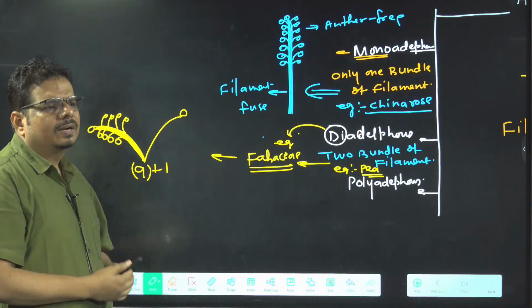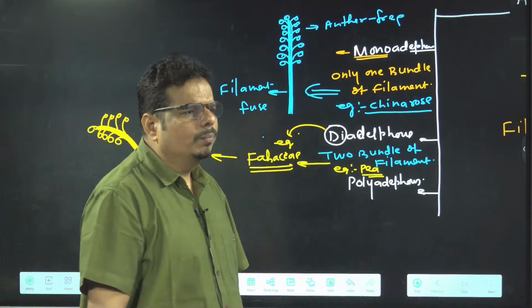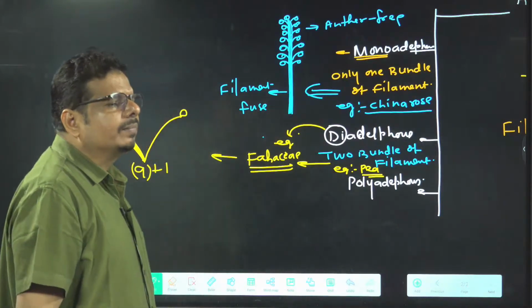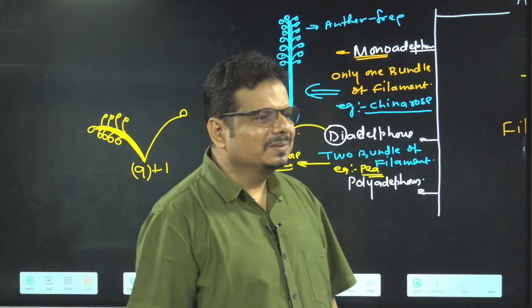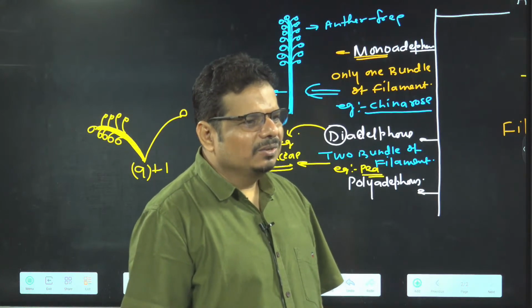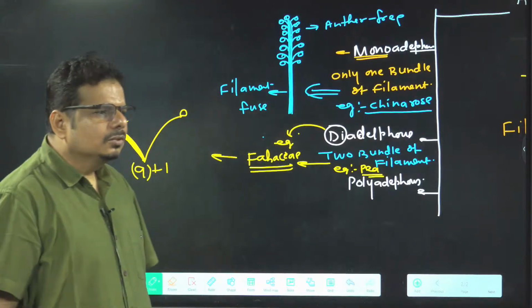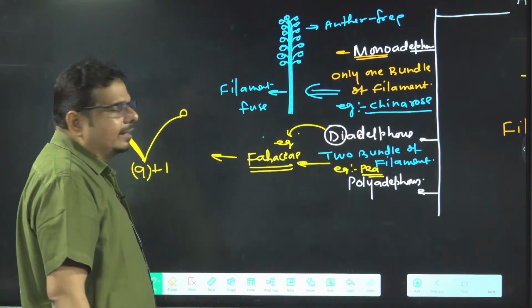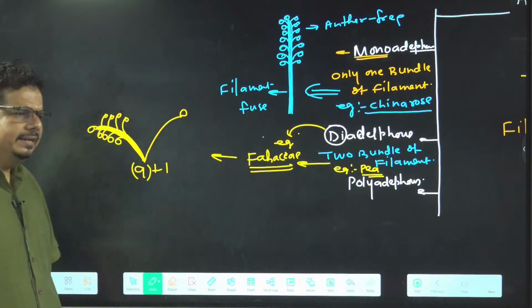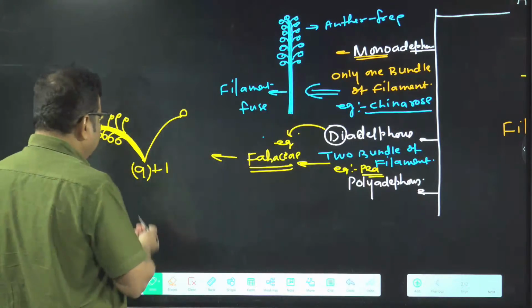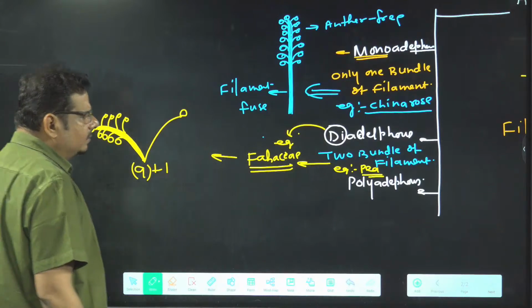So we are saying it what? 9 plus 1 arrangement. I hope you understand the diadelphous condition, and it is an important line from which a question is going to be asked. So diadelphous condition is a characteristic feature of the family Fabaceae. Is it all right? 9 plus 1 arrangement is there in the diadelphous condition.